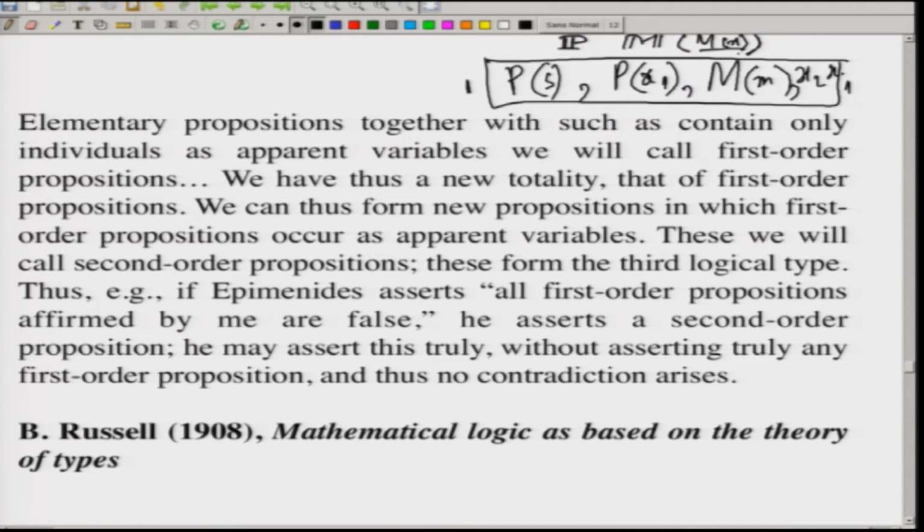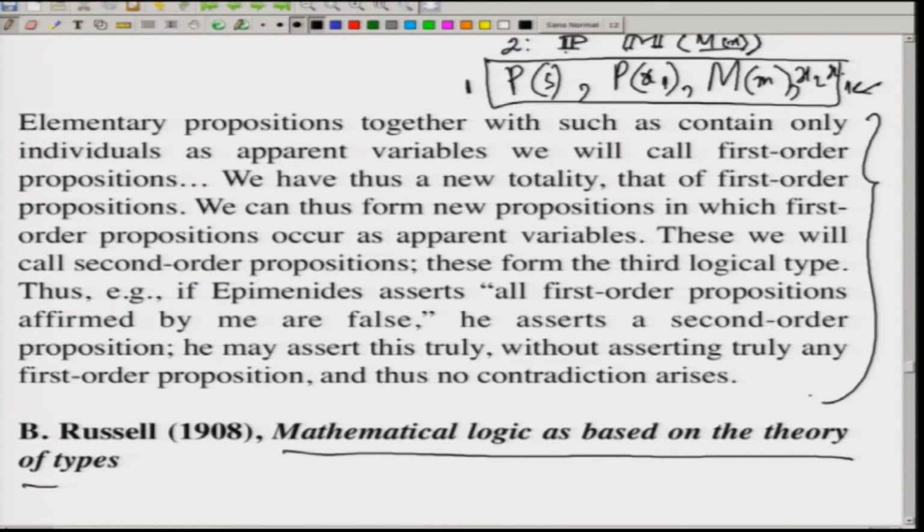So, it is a special way of treating propositions, but definitely this special P or special M will not belong to this level. So, it is level 2. This is the order Russell talks about, and you can read this quote. It is from Mathematical Logic as Based on the Theory of Types, which was published in 1908.